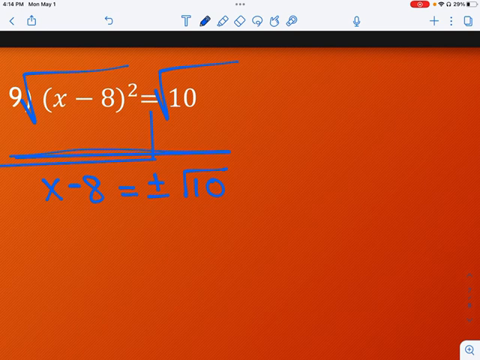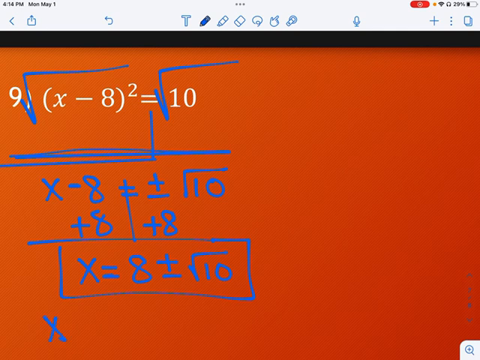Does it have any perfect square factors? The answer would be no. So then I need to move the 8. I'm going to add 8 to both sides. And that's going to leave me x equals 8 plus or minus the square root of 10. And that is where I would leave that.